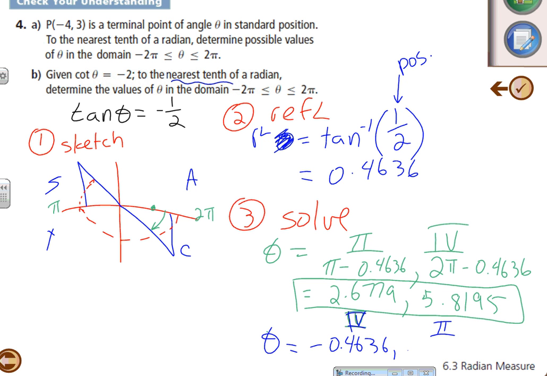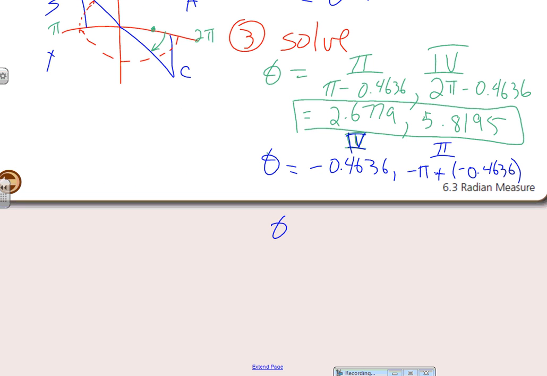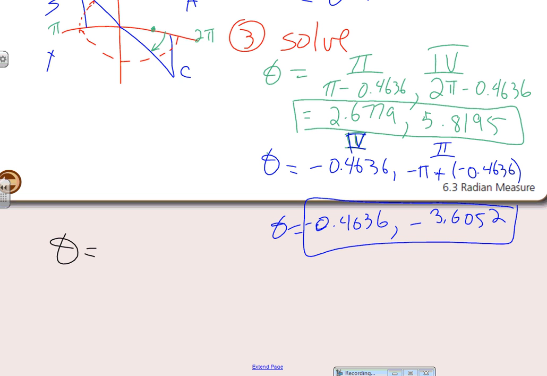So we've got negative pi plus a negative 0.4636, which gives us negative 0.4636 in the first one, and the second one is negative 3.6052.